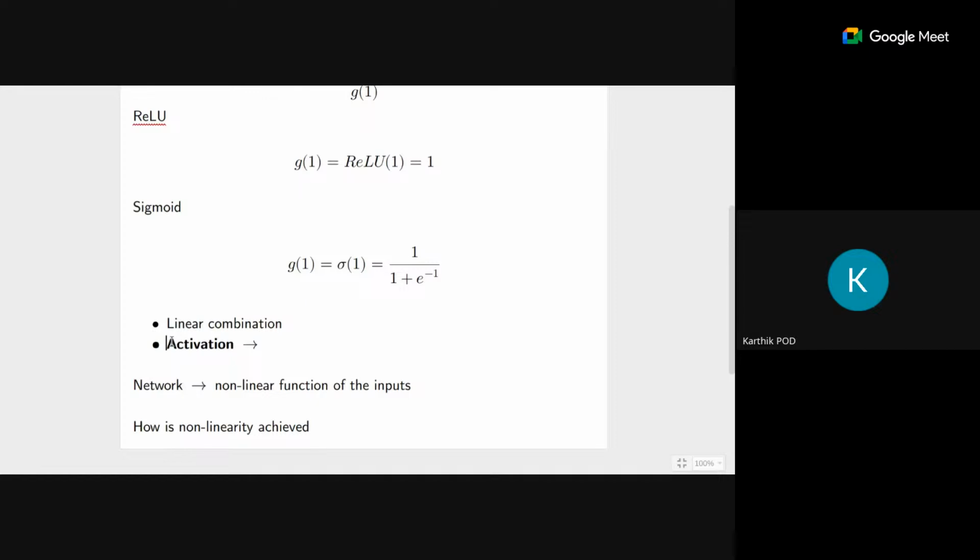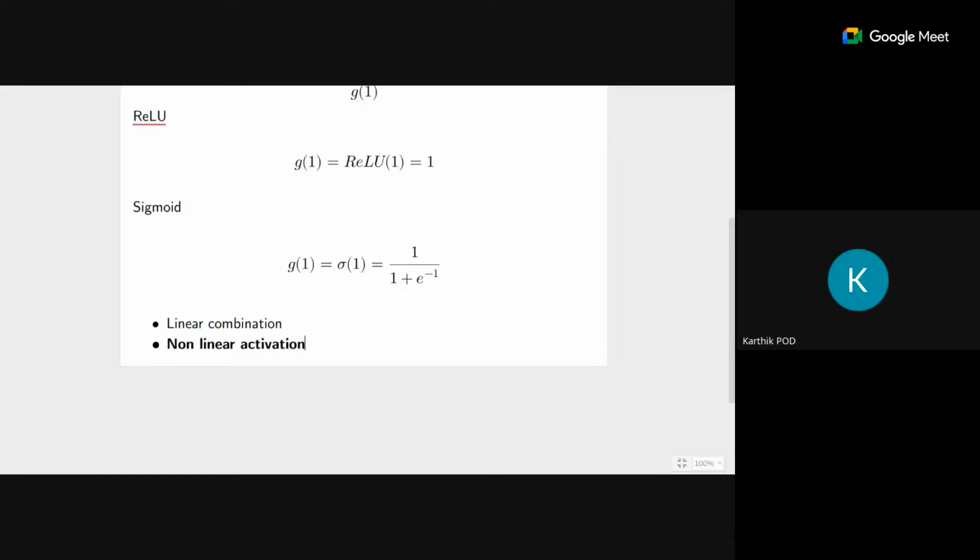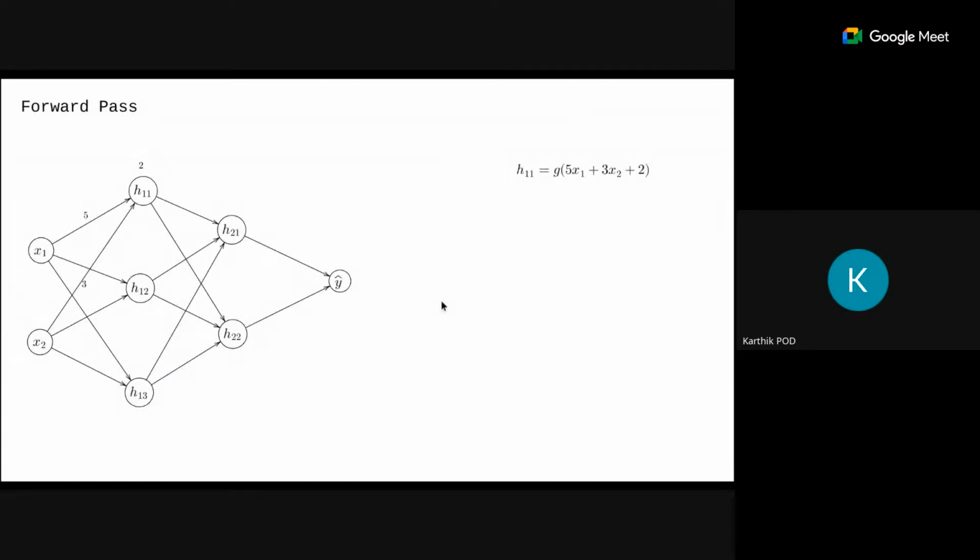It's linear combination followed by non-linear activation. That's the power behind neural networks, so this can learn all sorts of non-linear boundaries. Let's go back. This is where we were. If you use ReLU, this becomes max of the linear combination and 0. If you use sigmoid, it's sigma of this quantity.